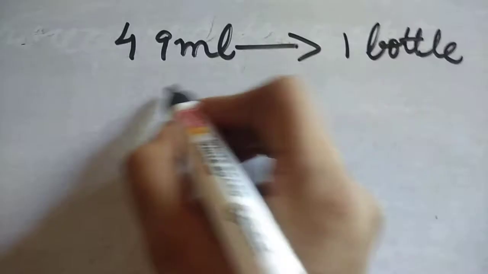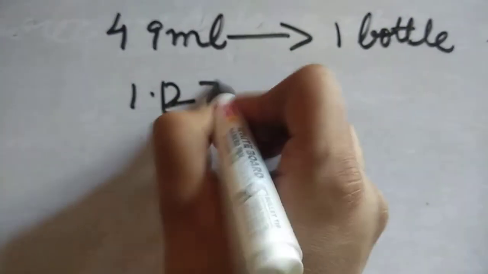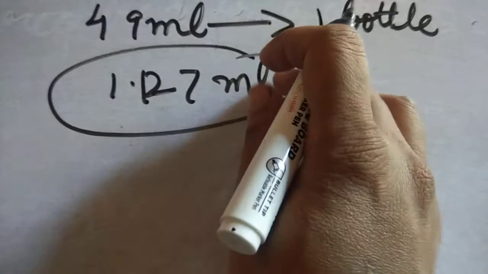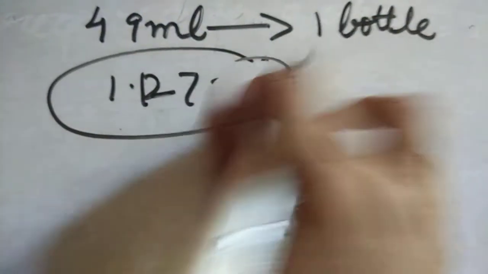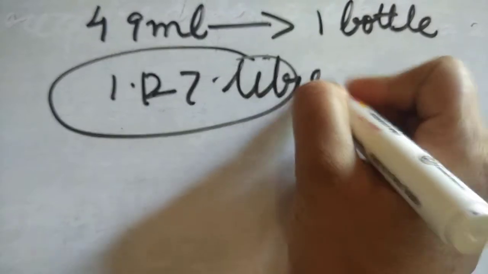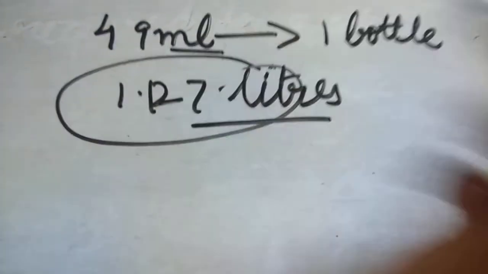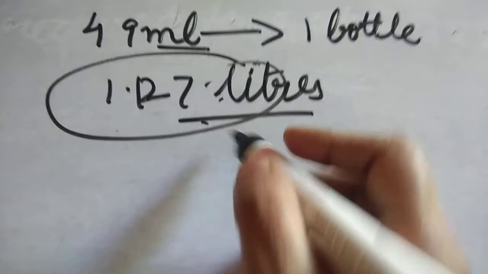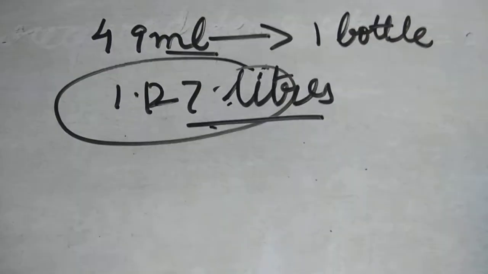The medicine is 1.127 liters, but the bottle size is in ml. So how many bottles can be filled? First we have to convert it into ml.